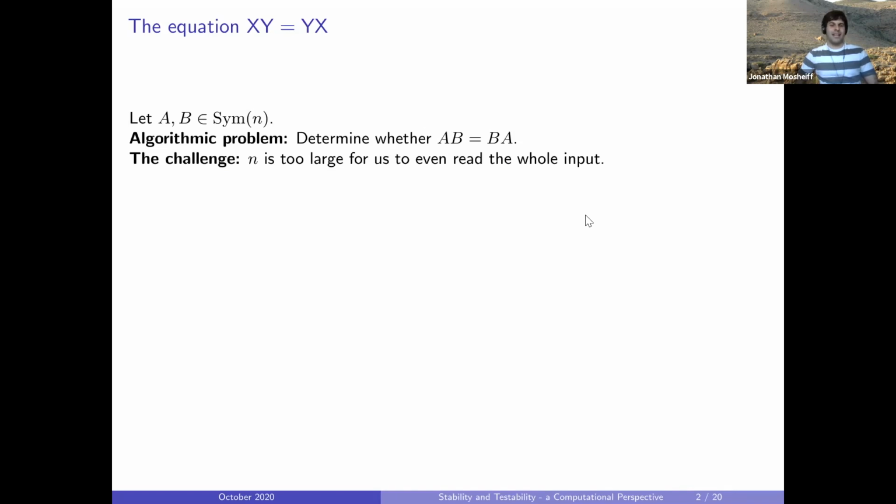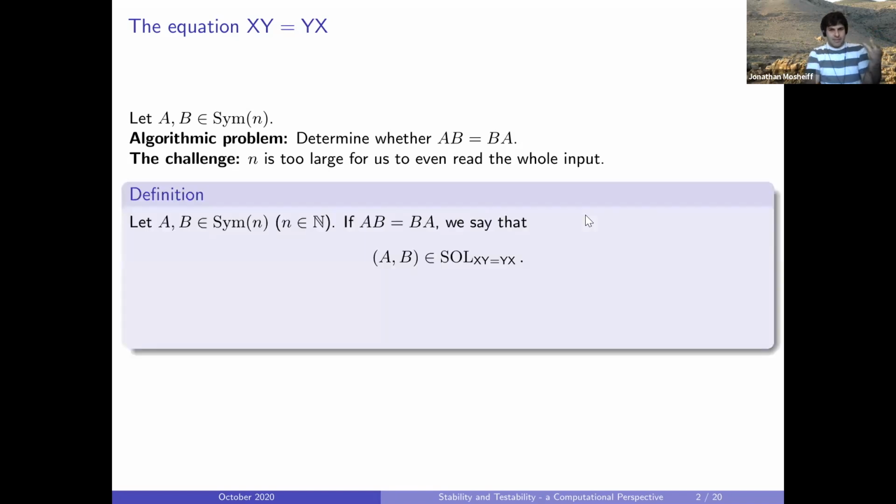You're not going to get a deterministic algorithm that, given two permutations, always decides successfully whether they commute or not in less than linear time. However, we can relax this problem a bit to get something that is solvable and is actually very interesting.